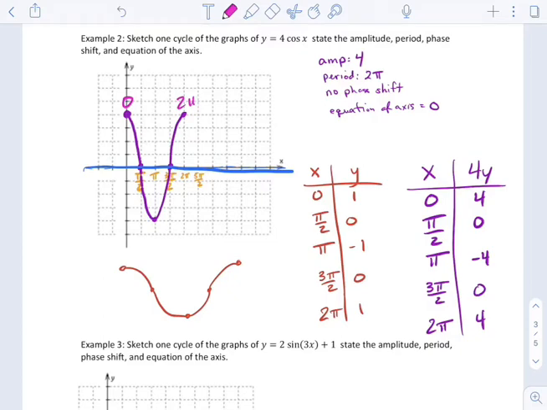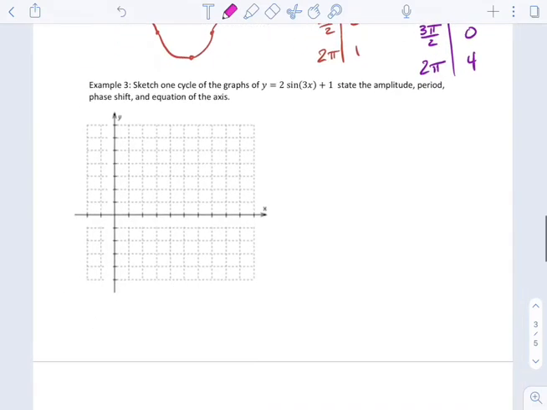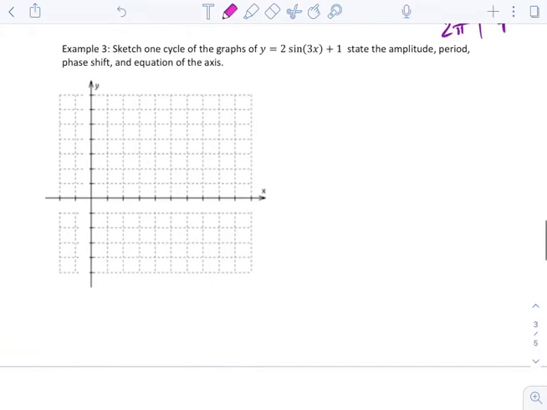So let's continue along. We'll look at the next one. Next one's a sine graph, so we're going to have to use the base points for that. But we'll go through all of our characteristics. Our amplitude, that's the a value that's out front, in this case 2. My period, that's 2 pi over k. In this case, k is 3. 2 pi over 3.